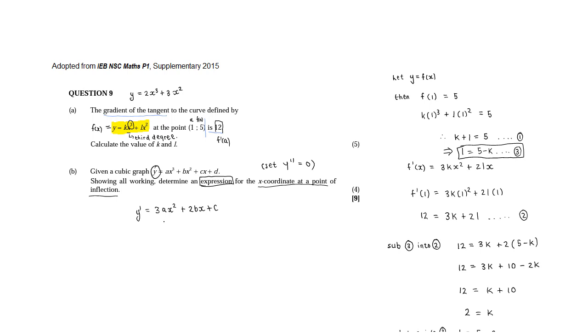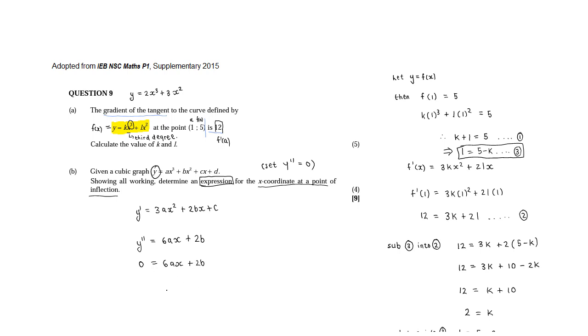Then y double prime is just a matter of taking the derivative of the first derivative function, so we're going to have 6ax plus 2b. Now, in order for us to find the x coordinate at our point of inflection, we set this equal to 0. So 0 is equal to 6ax plus 2b.